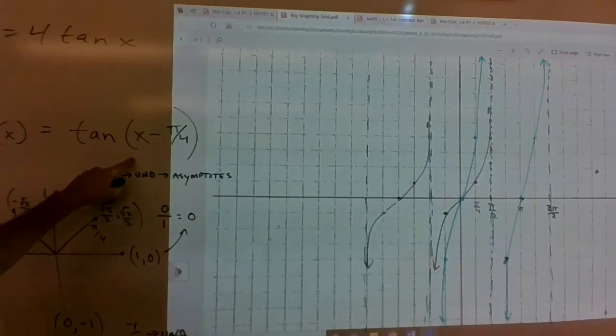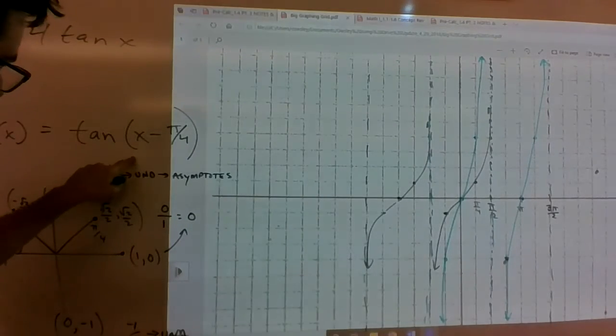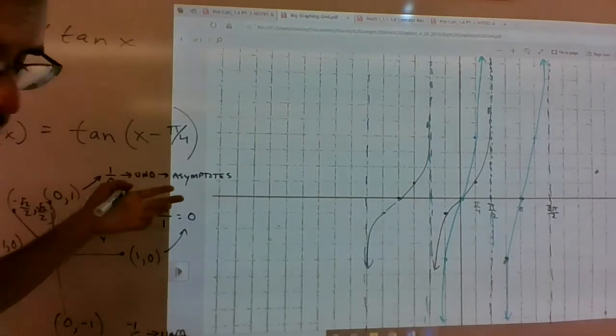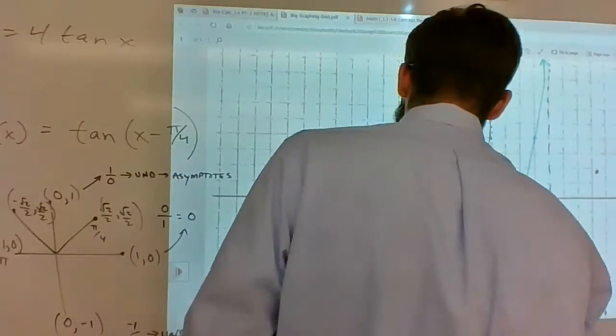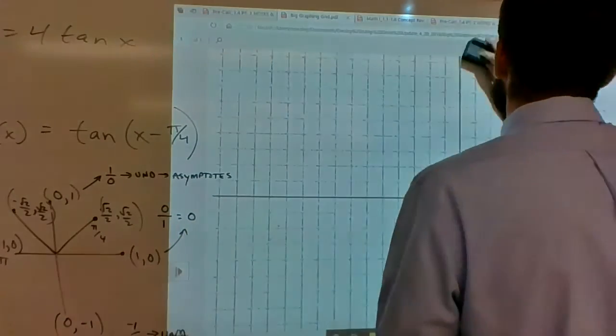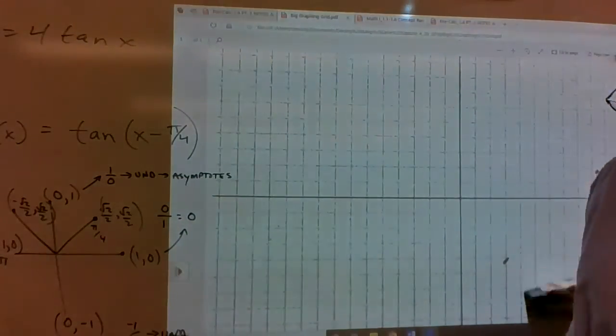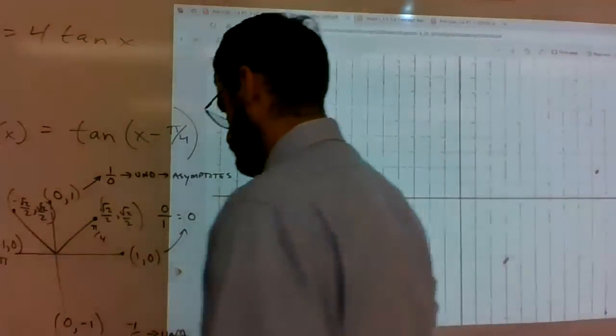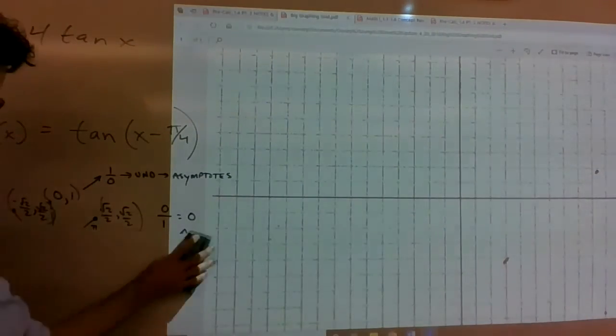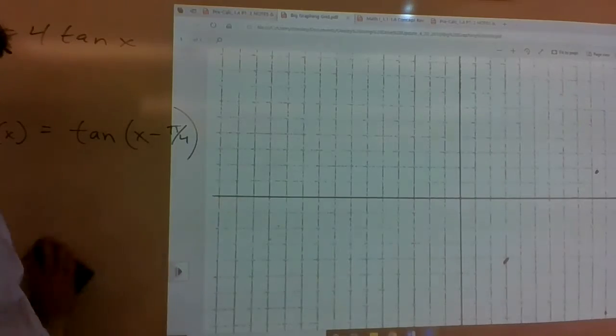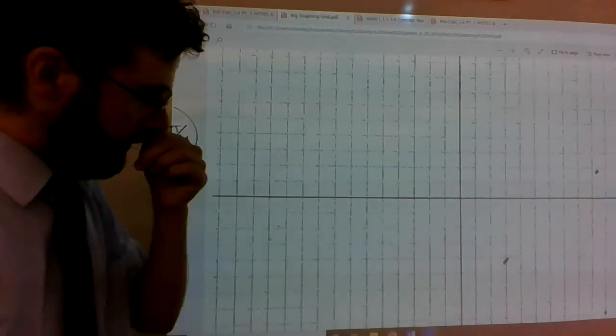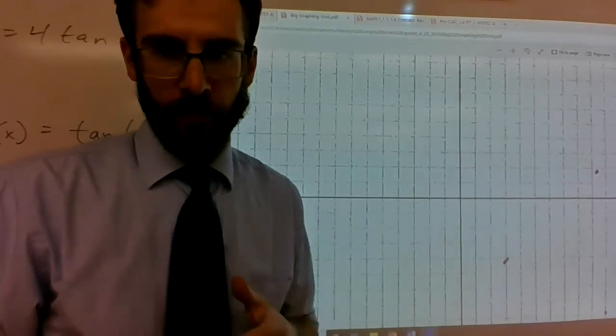What would it look like if tan has an x minus pi over 4 in the parentheses? Well, what does the minus pi over 4 do?